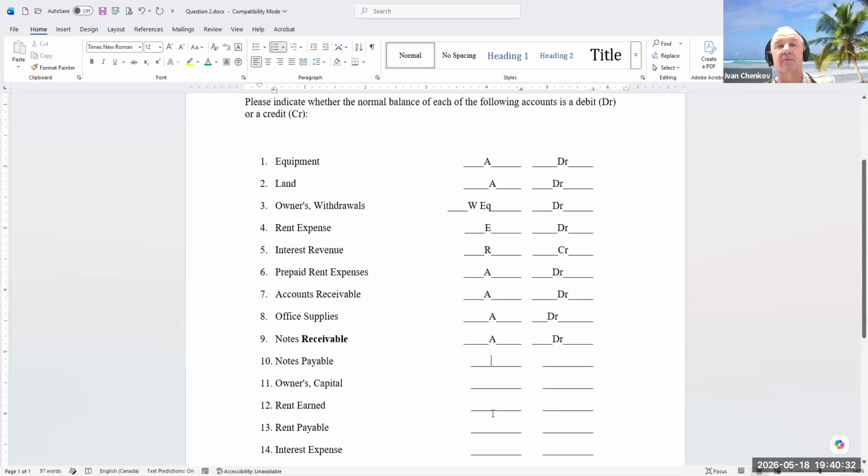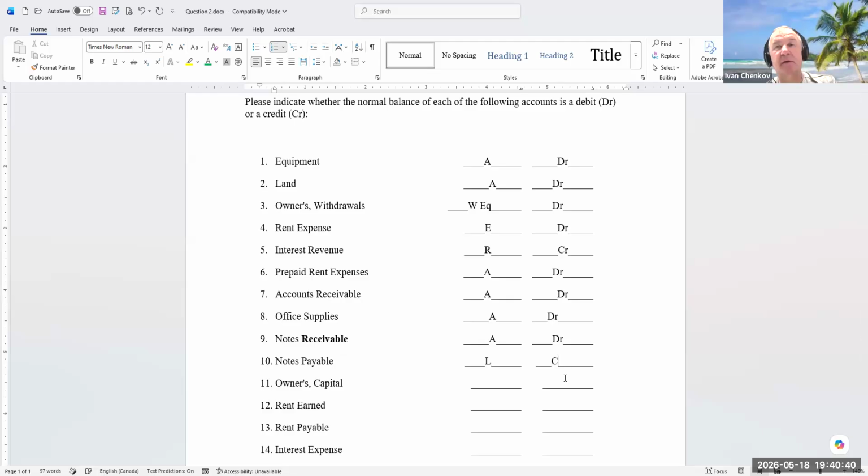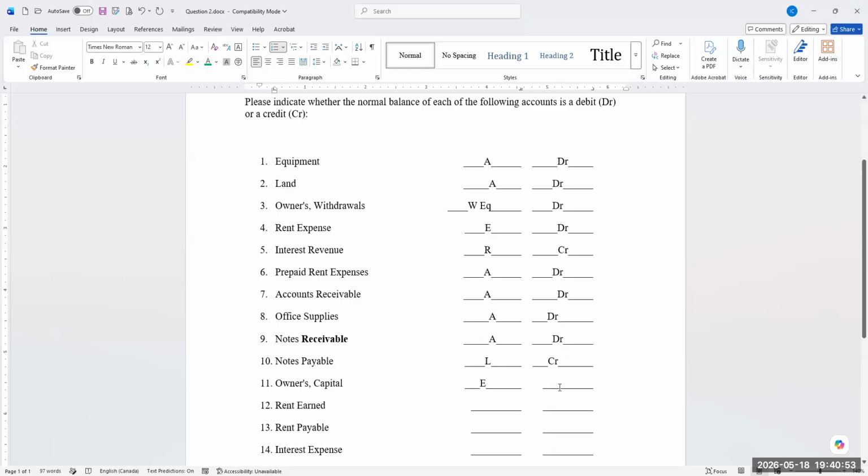Next one, notes payable. Liability, credit. Finally, we get a liability and credit balance, correct. Owner's capital: capital is equity, and the normal balance should be a credit.